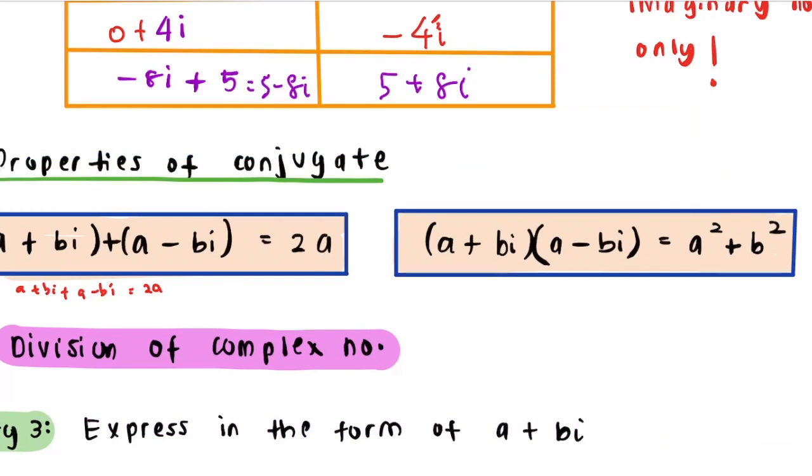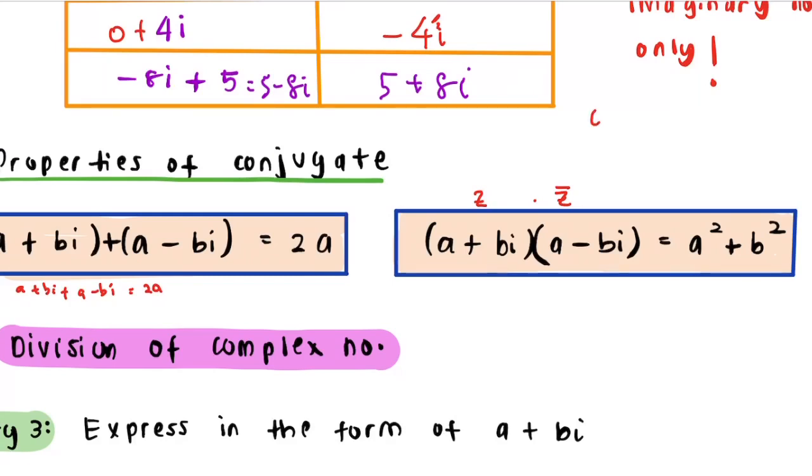The second property of conjugate is when you multiply by the conjugate. So this is z multiplied by z bar. z is a plus bi, z bar is a minus bi. When you multiply them, this will become a squared plus b squared. Why does it become like this?